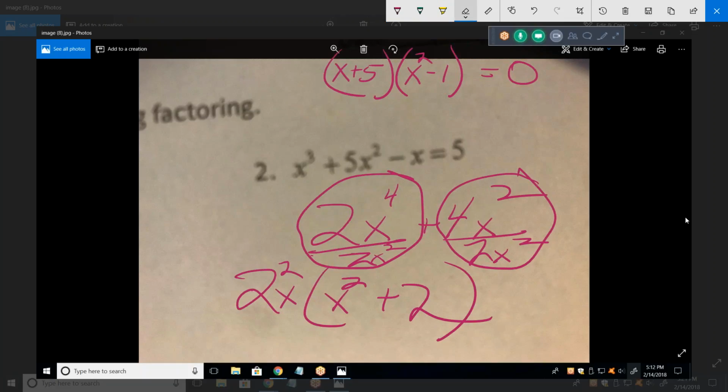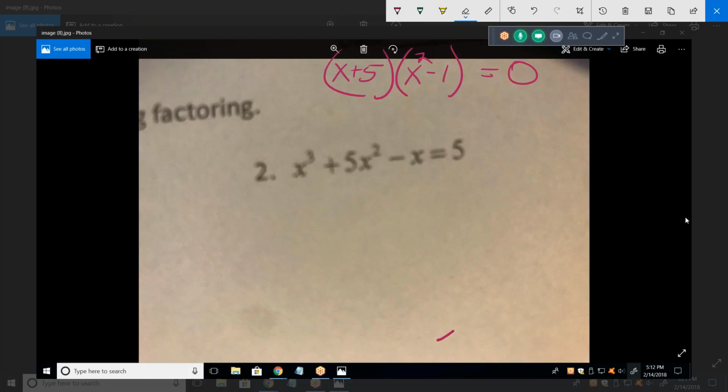Now, I'm not done factoring. There's more factoring. What's x squared minus 1 equal to? Can you factor it? Not sure. I don't think you can factor that anymore. Difference of perfect squares. 1 is a perfect square. So just x minus 1, x plus 1?